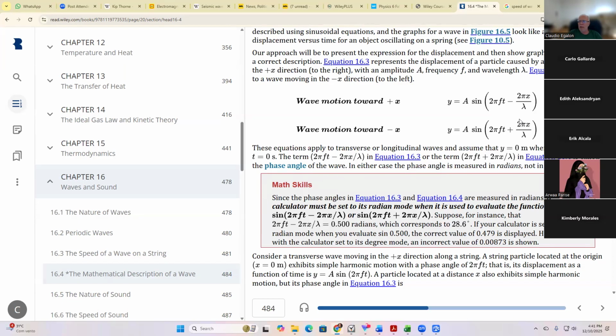Kx minus vt. Forward propagating wave, backward propagating wave. So we covered that.